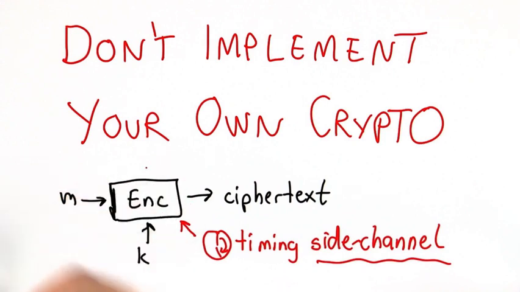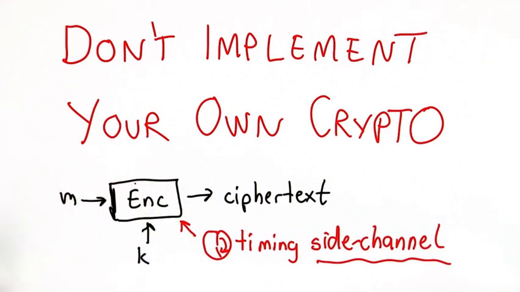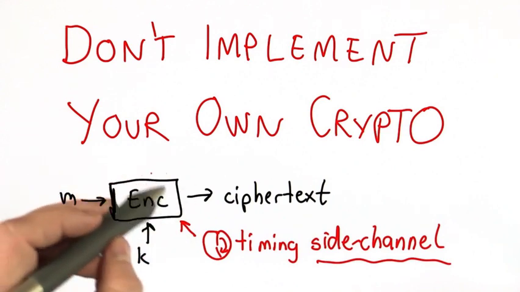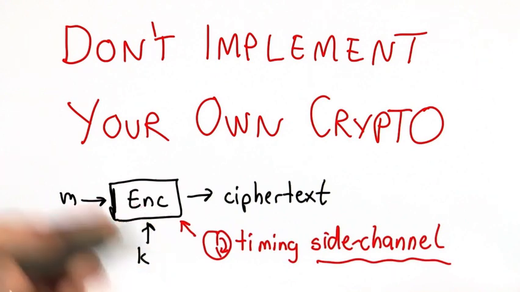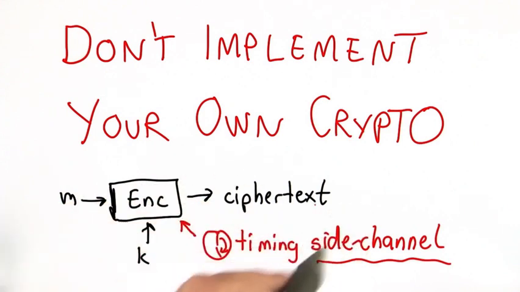It could affect what's in the cache of the processor, and that could be visible in some way. It could actually affect how much power your processor uses, and people have shown ways to break smart cards by measuring the power consumption as they do encryption, and that gives you some insight into what the key is. So this is just an example of the kinds of things that it's very hard to get right in implementing cryptography.